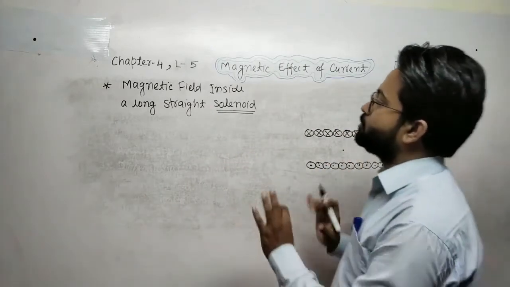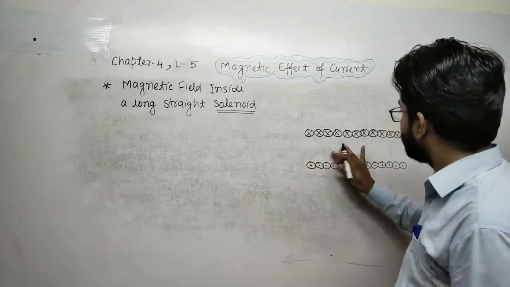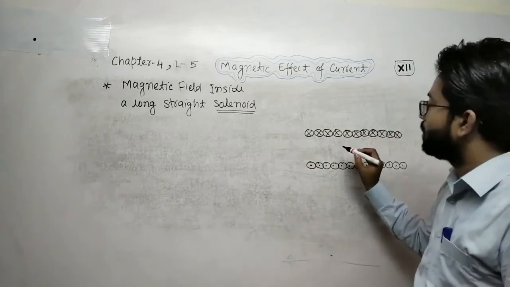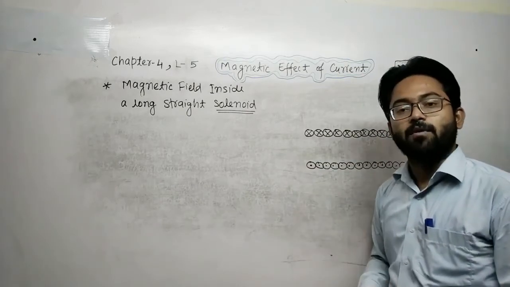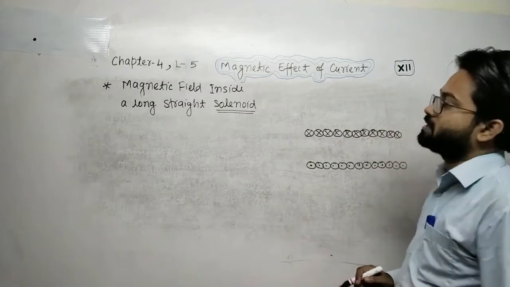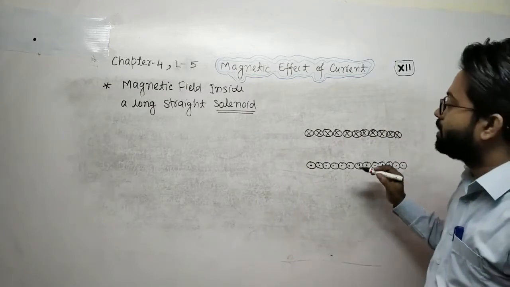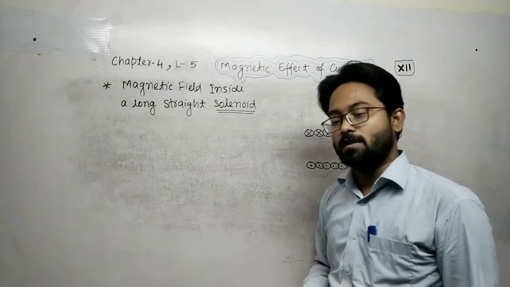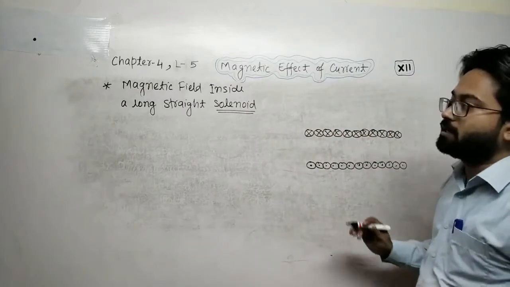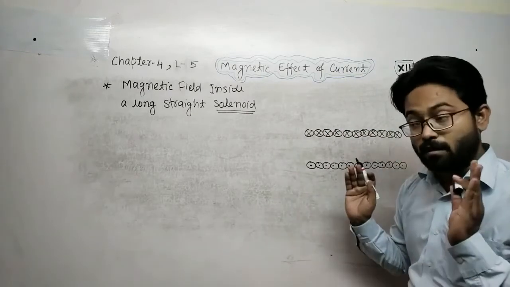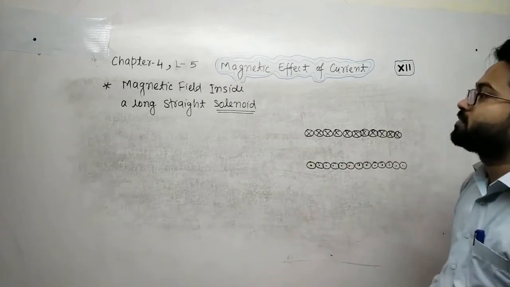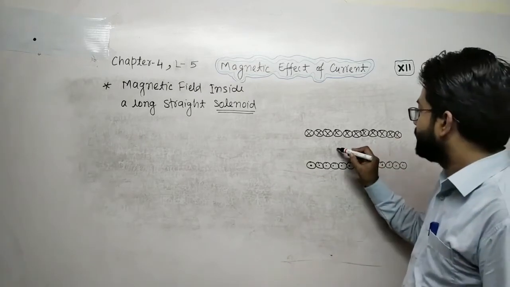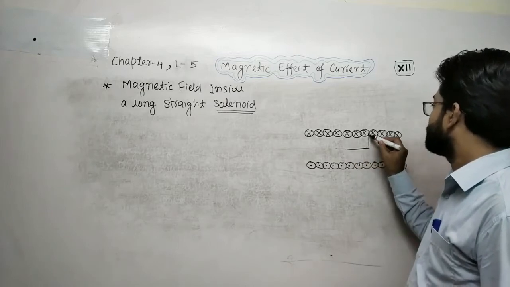Because this is an application of Ampere's circuital law, apply Ampere's circuital law. You may have any shape of the Ampere circuit. It may be rectangular, it may be circular, or any other shape, but it must be a closed circuit. Let us suppose this is the circuit.